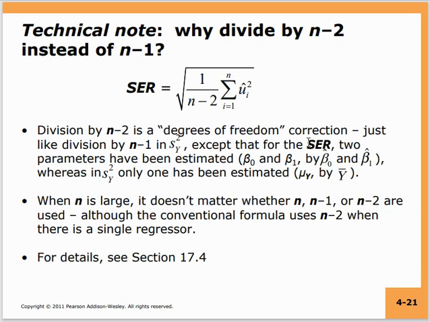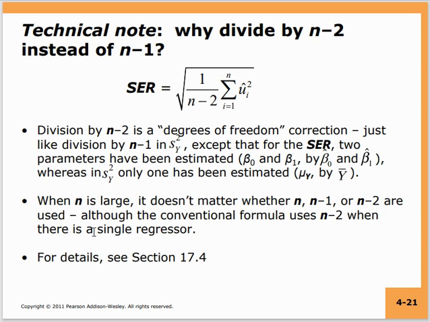But in this case, you are estimating two different parameters, that is beta 0 and beta 1, and only then you are able to estimate ui hat. So 2 degrees of freedom are subtracted because you have estimated two parameters, and that is why you have lost 2 degrees of freedom, and your standard error of regression, that's why you divide it by n minus 2.